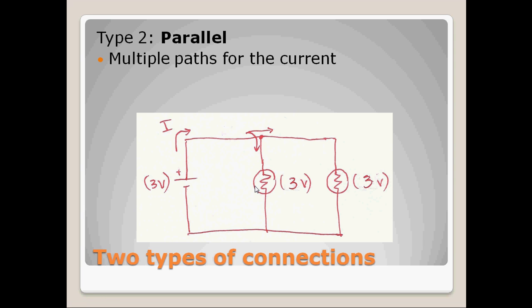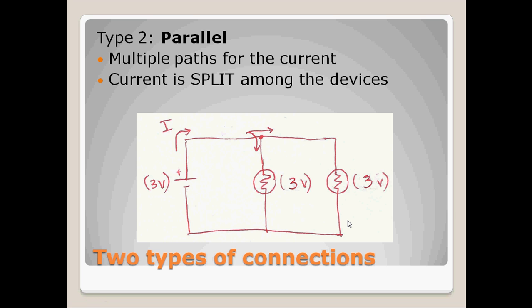Now, as I mentioned, there are now multiple paths for the current. The current will come along here from the battery, but then it gets split when it reaches this junction. It can either turn at that point or it can keep going straight. So our current is going to end up getting split as a result of that. Some current will go this way, some current will go that way.